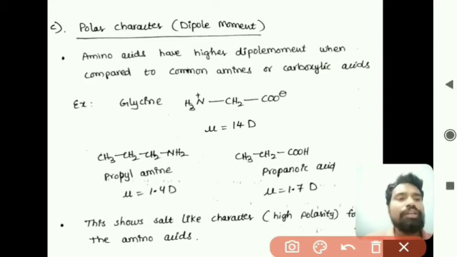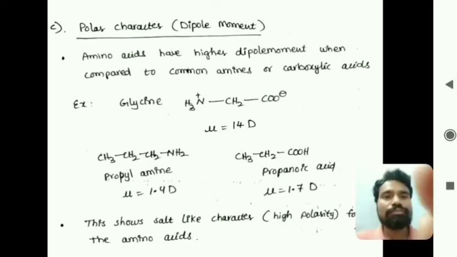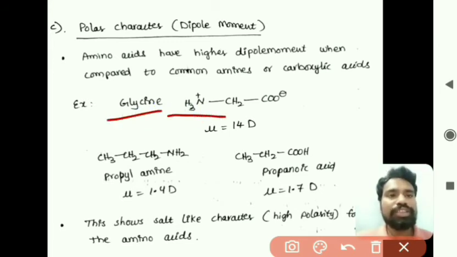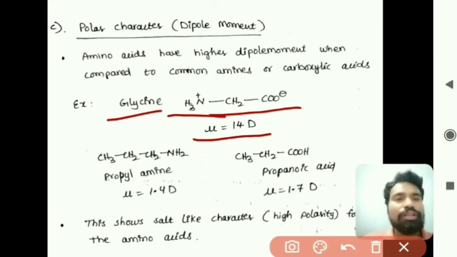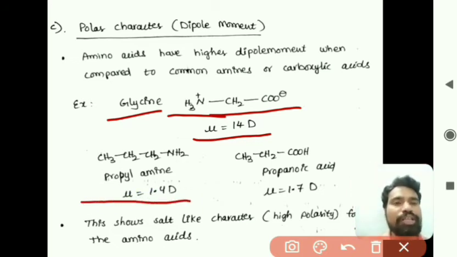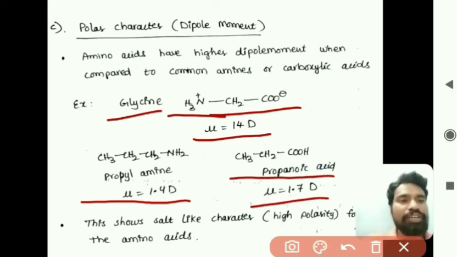Amino acids have a higher dipole moment when compared to normal amines and normal carboxylic acids. Take glycine, that is NH3 plus CH2 COO minus: the dipole moment mu equals 14 Debye units. For propylamine the dipole moment is 1.4 D, and for propanoic acid the dipole moment is 1.7 D.